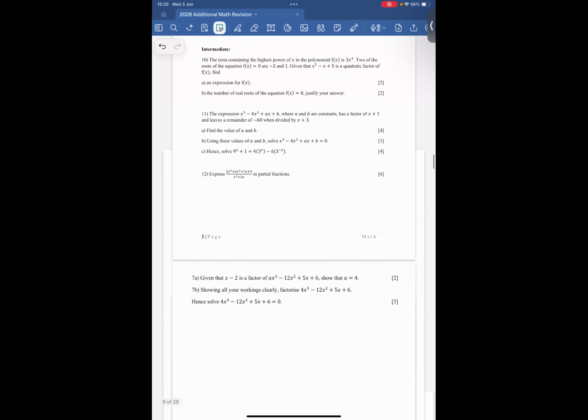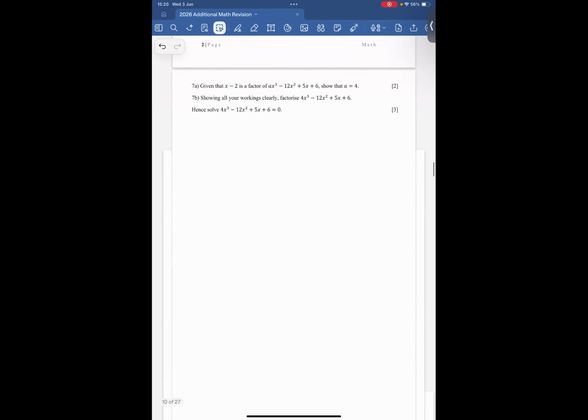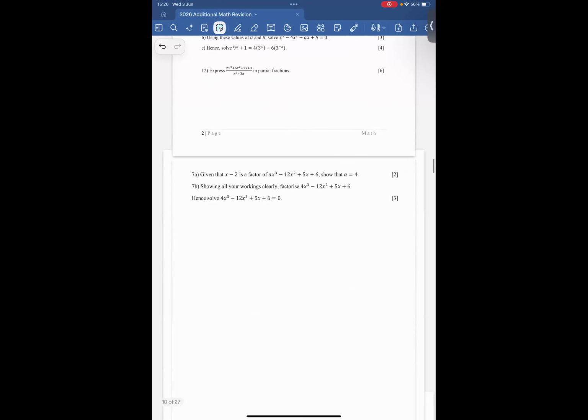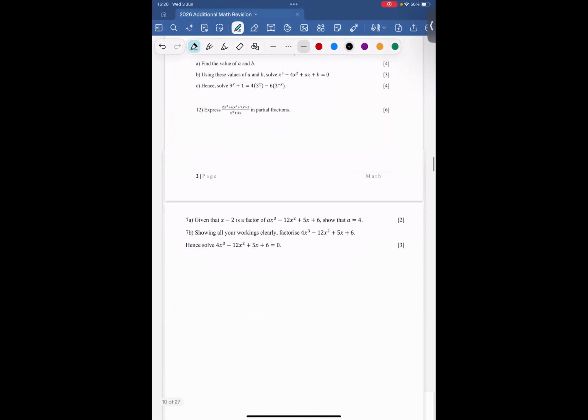Okay, so question 7A, consider the easier question. So let f(x) be this. So we know that because it's x minus 2, if I put f(2), I'm finding the remainder.